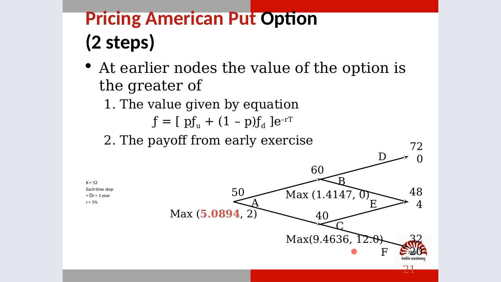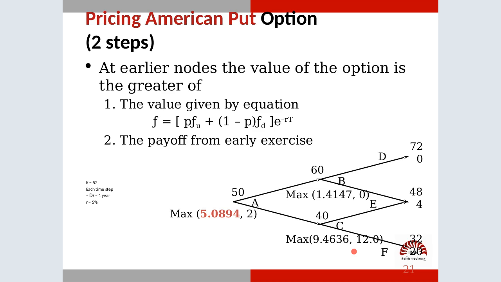What happens out here? The 9.4636 is coming from the discounted value of the subsequent payoffs, or essentially what we can call the expected benefit of holding on to the asset. The 12 is basically coming from where?